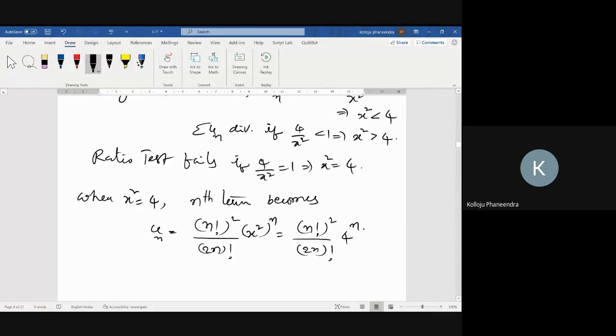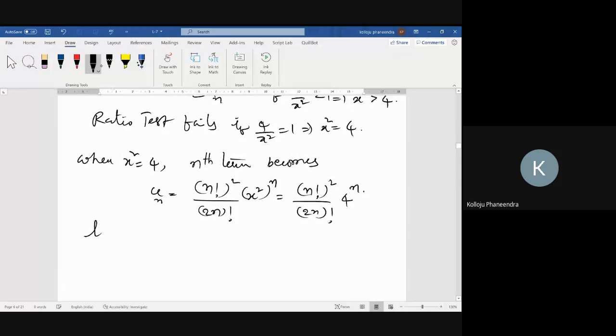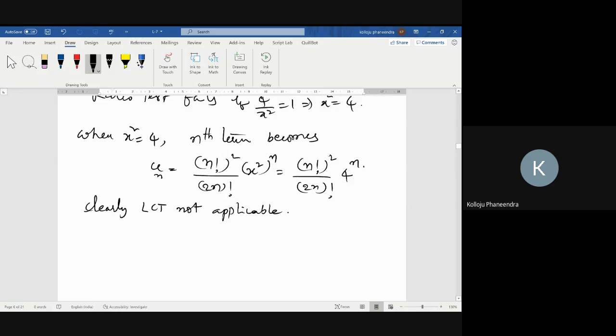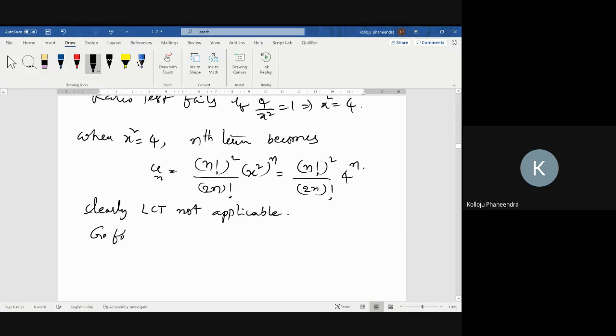Clearly, limit comparison test not applicable because factorials are there. Not applicable. Now, therefore, go for Raabe's test.